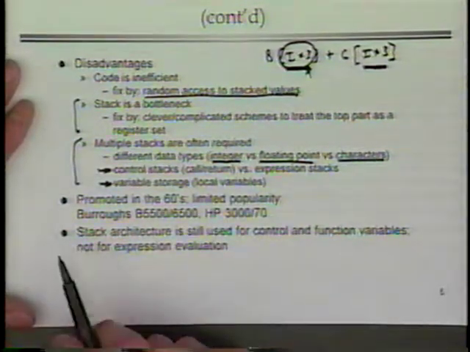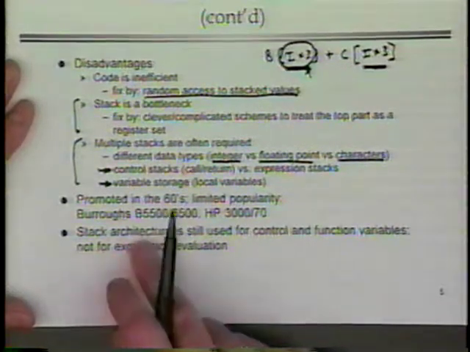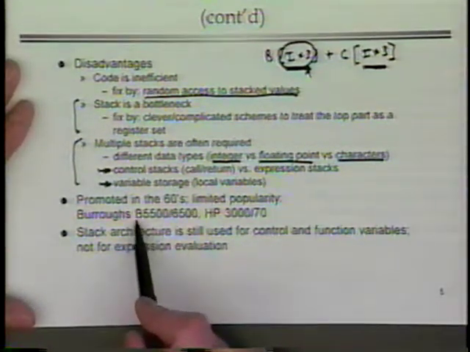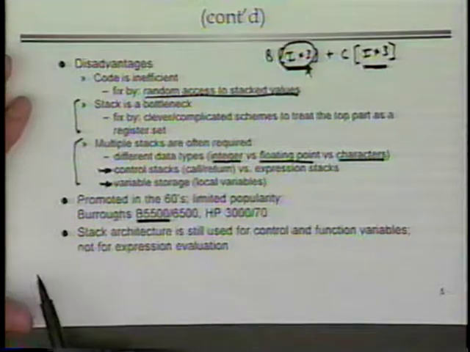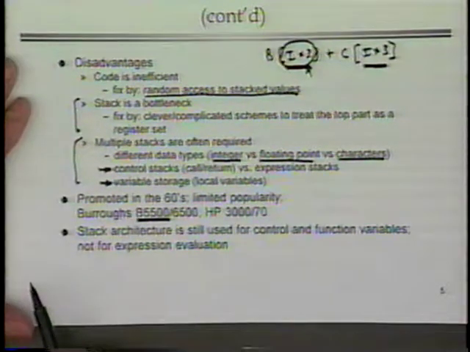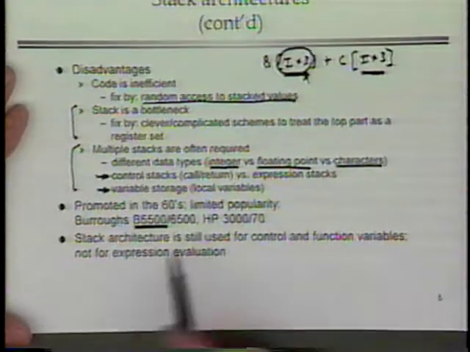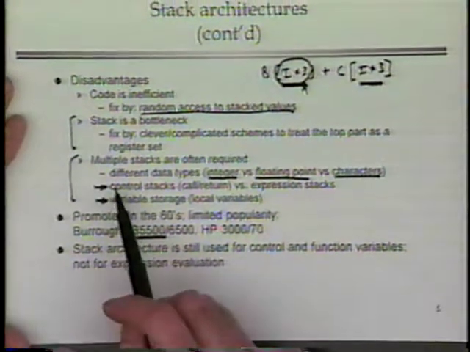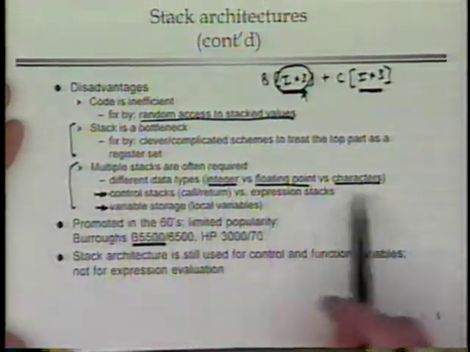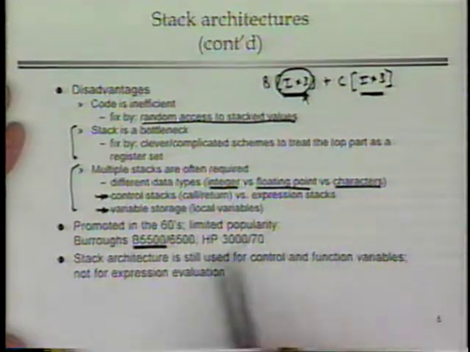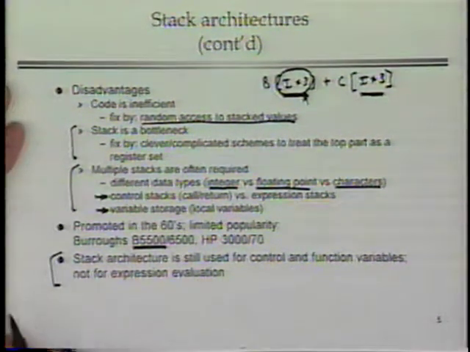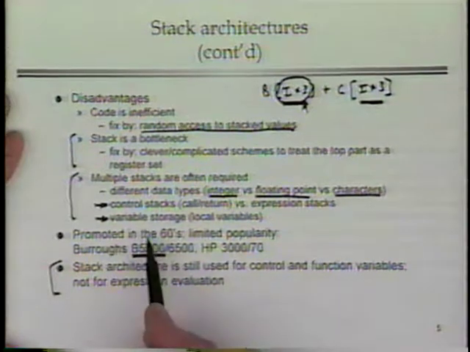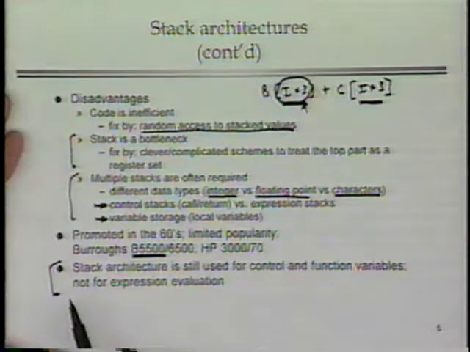There aren't too many examples of successful stack architectures, and none of them are pure. The original, purest one is probably the Burroughs 5500 machine, and these machines had limited popularity. Notice that although generally speaking we've abandoned stacks for expression evaluation, stacks are still in use for control and for variable allocation for functions.